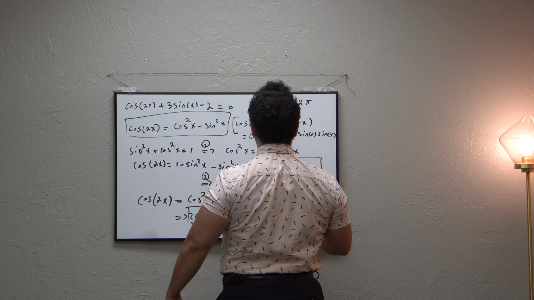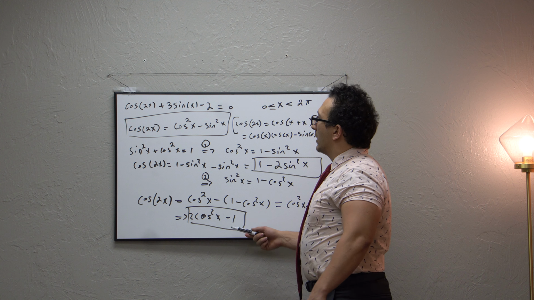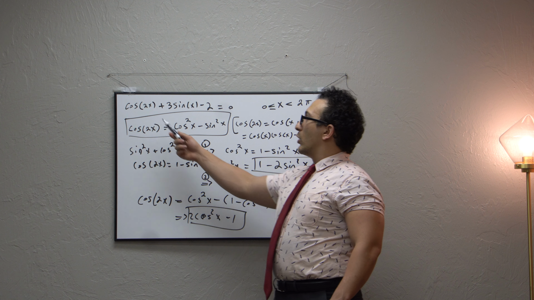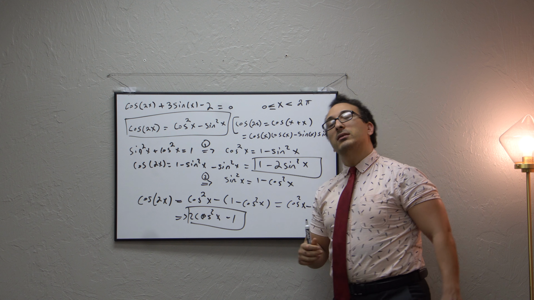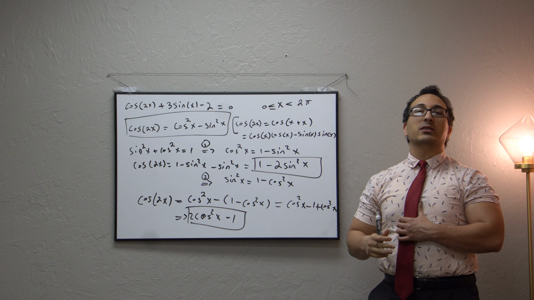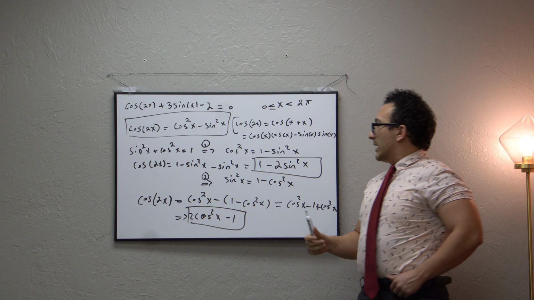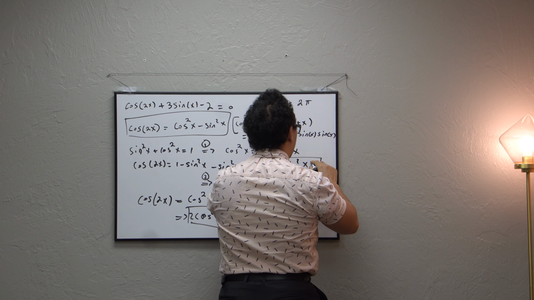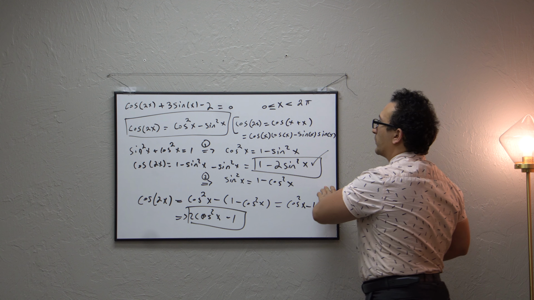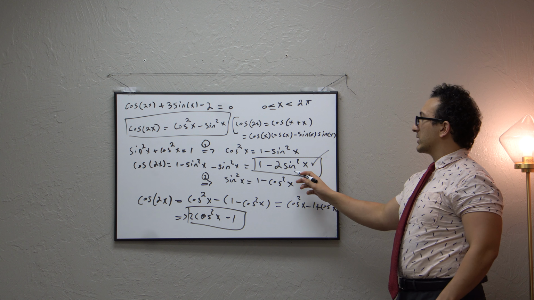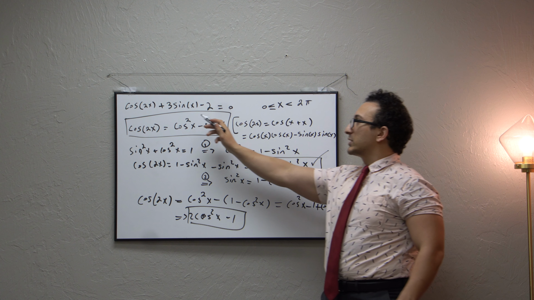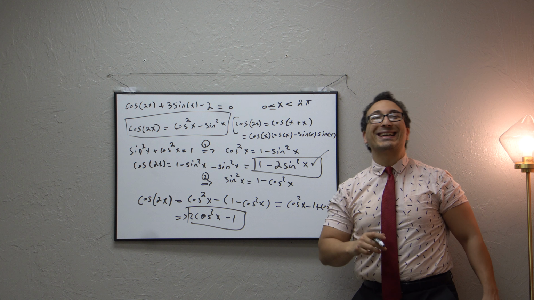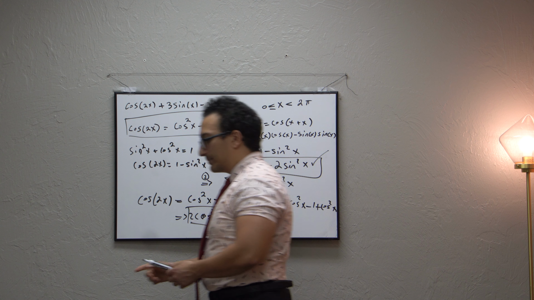Then, if we were to use this one, then we would have cosine mixed with sine, and then we wouldn't be able to utilize our quadratic techniques. It's much more appropriate to pick this formulation, because when we replace cosine of 2x with this, we'll have an expression that's quadratic in sine, as you will see here in a second.